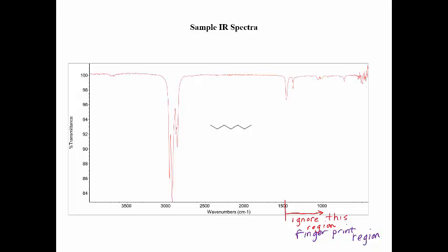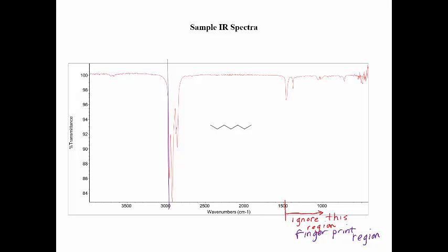Alright, so this is a spectrum of a straight chain alkane, and one of the first things I do when I look at an IR spectrum is I draw a line that goes straight up through 3000. And the reason that I do that is I'm looking for peaks immediately on either side of 3000.